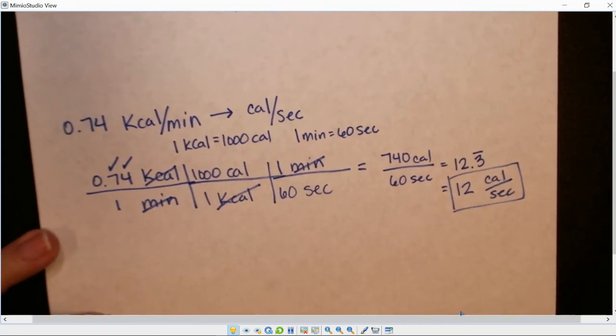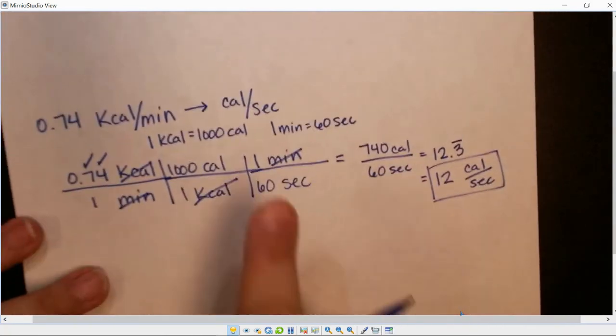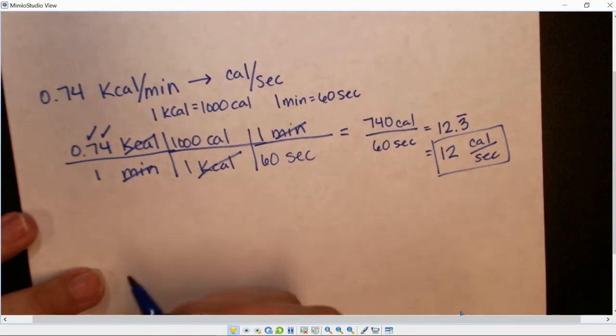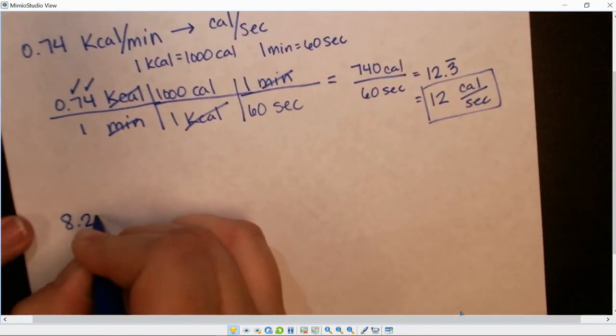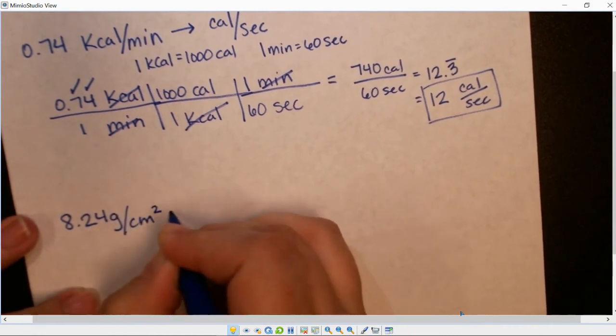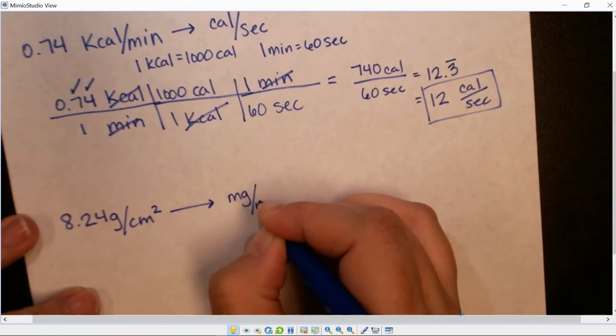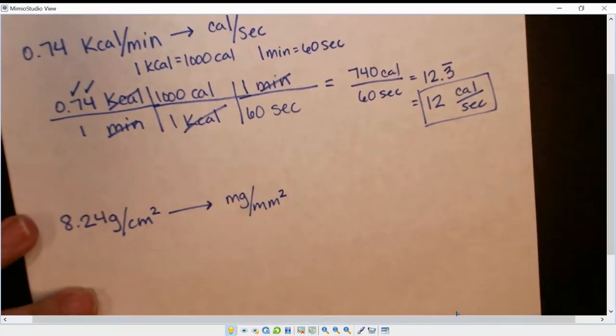Okay, last one I want to do is kind of a combination of the two. So what if we had 8.24 grams per centimeter squared, and we want to change that to milligrams per millimeter squared?